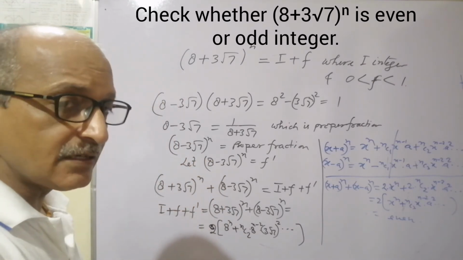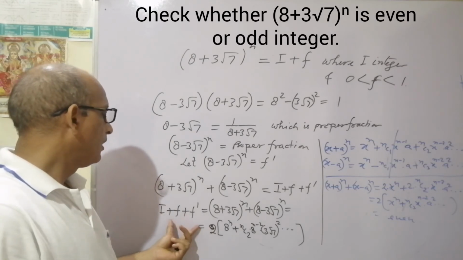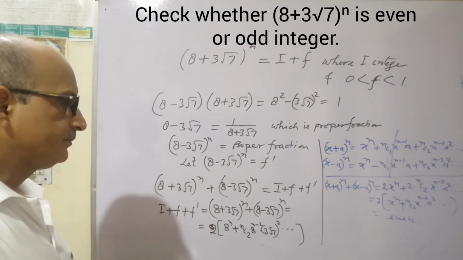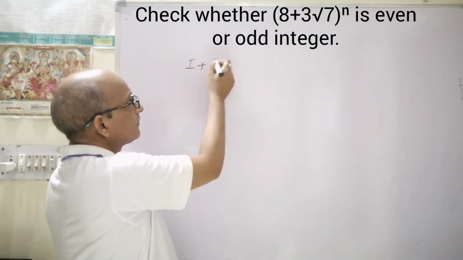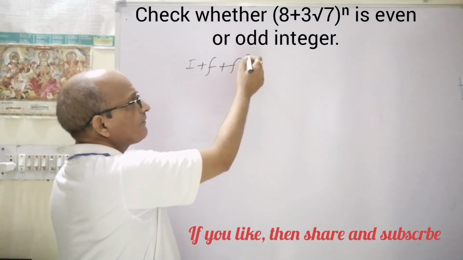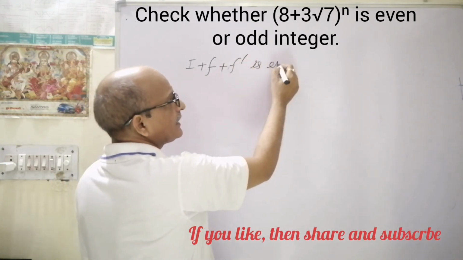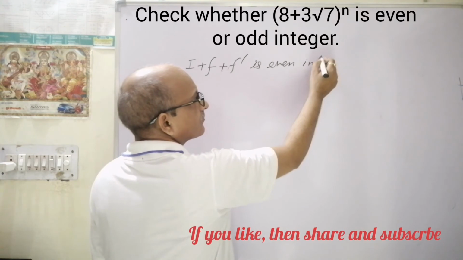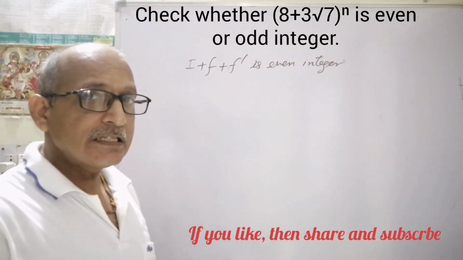It is an even integer. So if this as a whole is an even integer, you can say I plus f dash is an even integer.